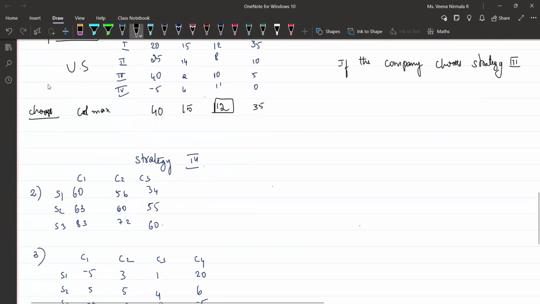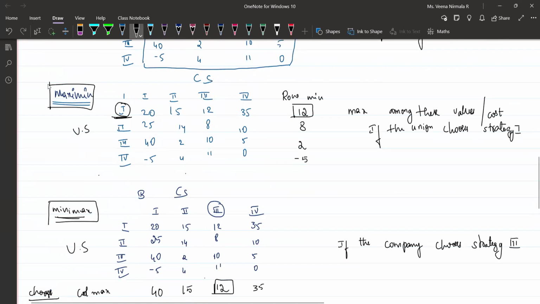Now to check the value of the game. The value of the game is nothing but the intersection of both the strategies. For example, when we did the maximin criteria, we got the value 12, and in minimax criteria also 12. So the value of the game is 12.